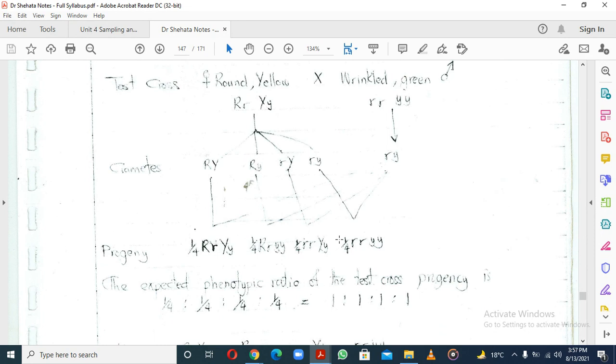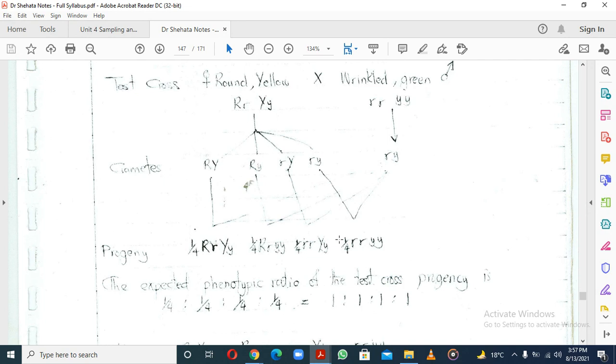Okay, but if you do your test cross, and then let's say we do this test cross here, and then we find that all our seeds are yellow.